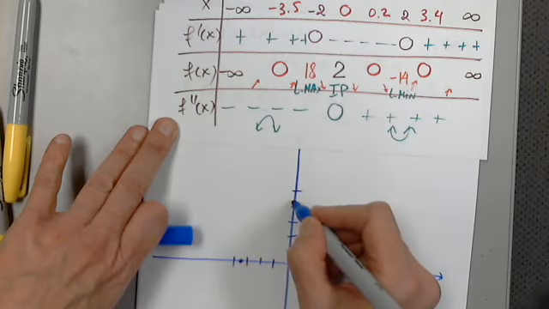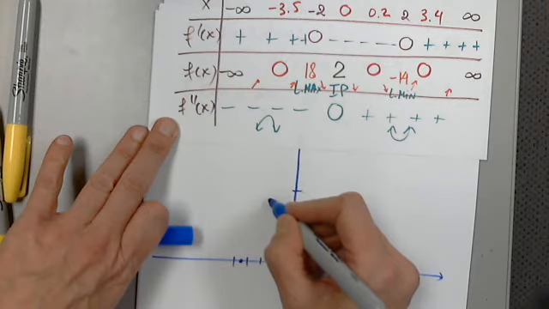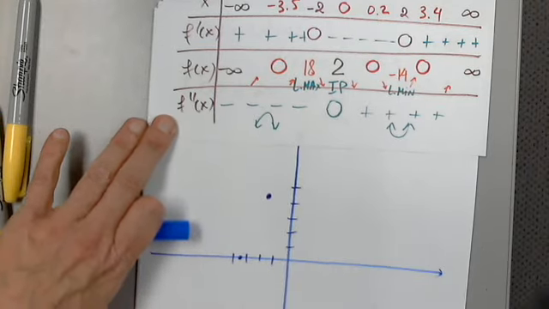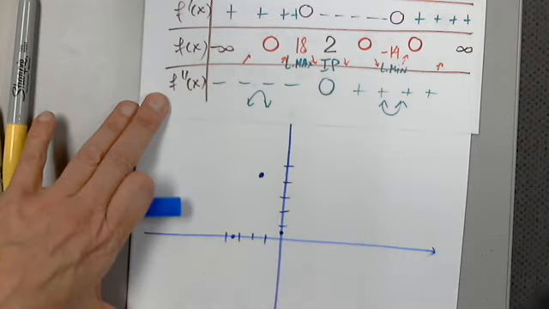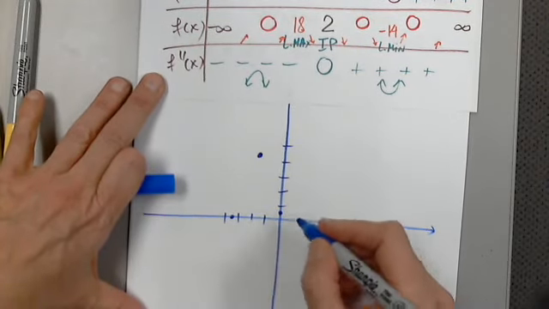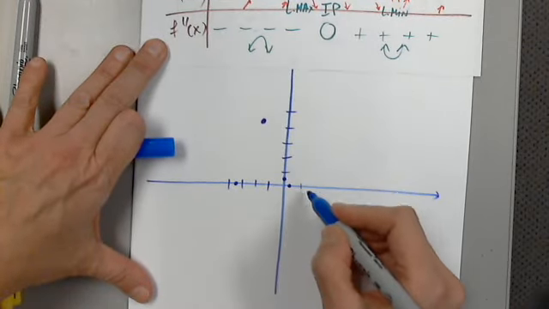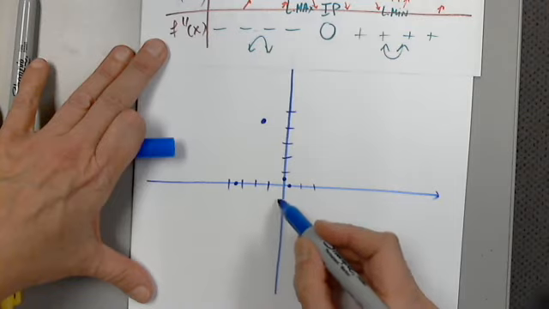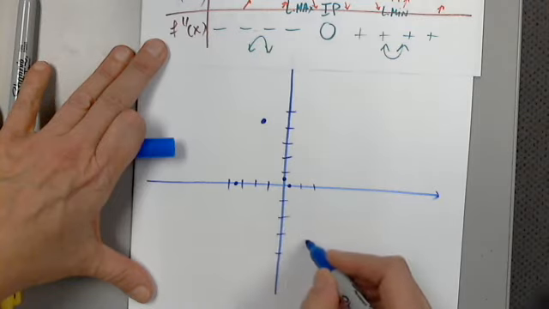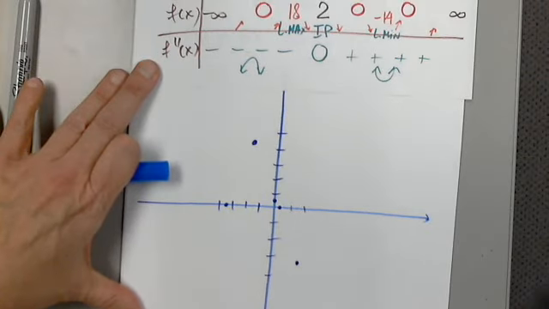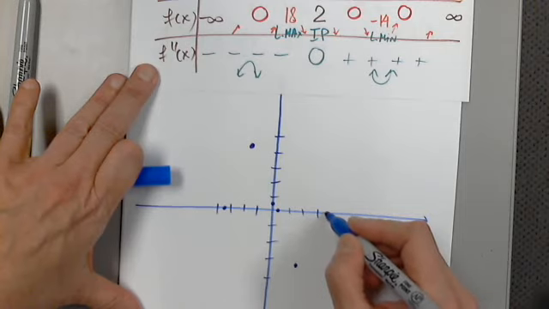So at negative 2 is 18. Then at 0 is 2. At x about 0.2 is 0. At 2 is negative 14. And 1, 2, 3.4 on the x-axis.